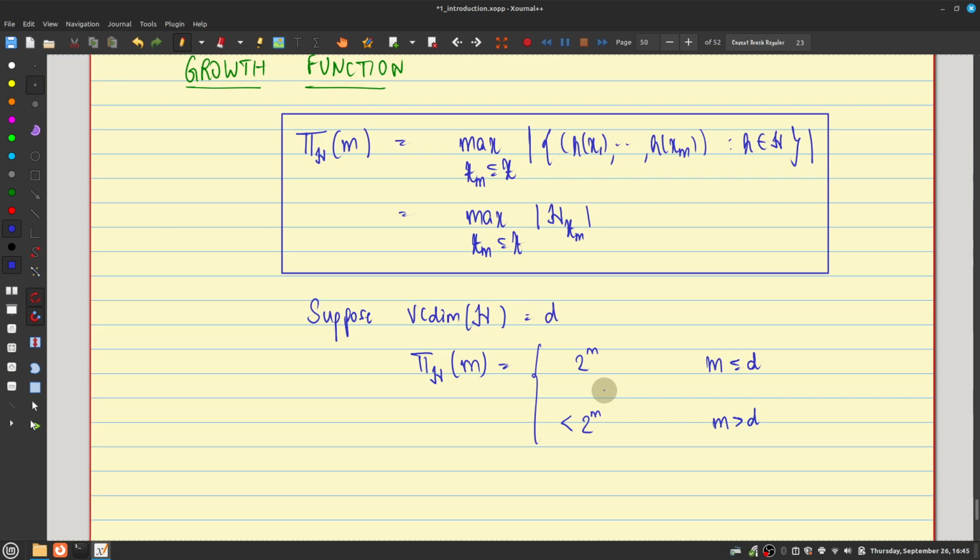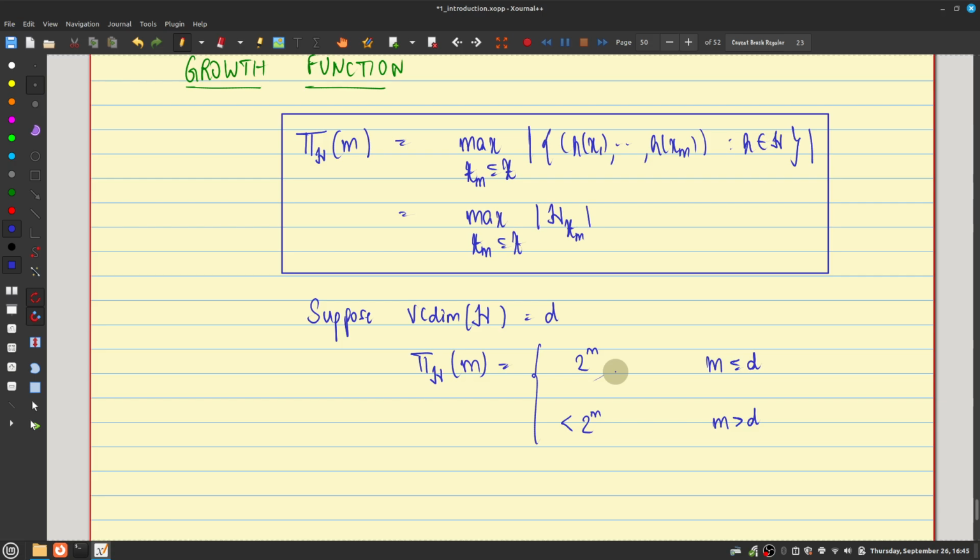So basically the VC dimension is this threshold for the growth function. Up to d, the growth function grows exponentially at this particular rate, but beyond that, the rate changes.